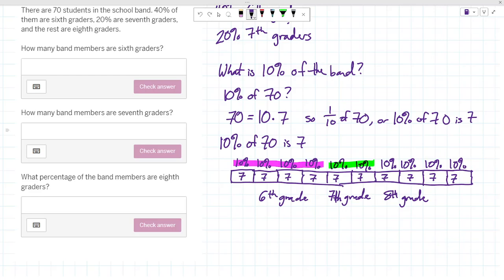Well, that's going to be all the students left over. So we have 4 groups of 10% that are left over. So what's 4 groups of 10%? Well, 4 times 10 is 40, so that means 40% of the band are 8th graders. So you would put a 40 in this box. And don't forget to hit check answers so you get credit.